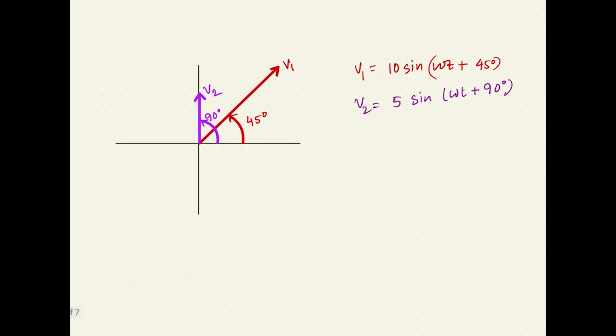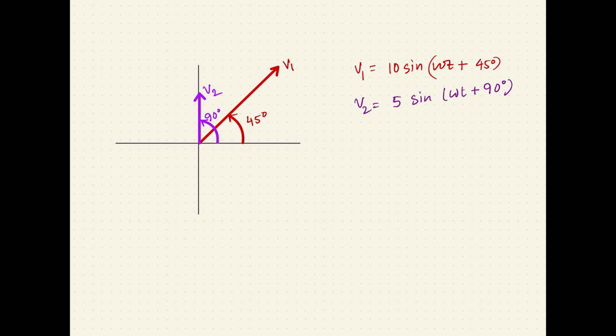Now let's take two examples. V1 equals 10 sine omega t plus 45 and V2 equals 5 sine omega t plus 90. So the angular velocities of the sinusoids are the same. Since there are two sinusoids, we need two phasors to represent each one of them.